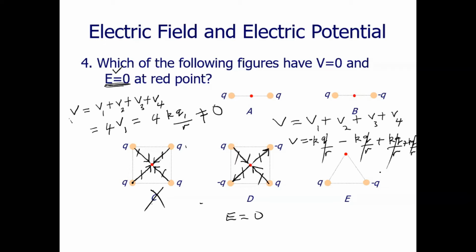So the potential just becomes 0. So for here, both the electric field and the electric potential are 0. If you do this analysis for all the other diagrams, you are going to find that either the electric field is equal to 0 but the potential is not, or vice versa.